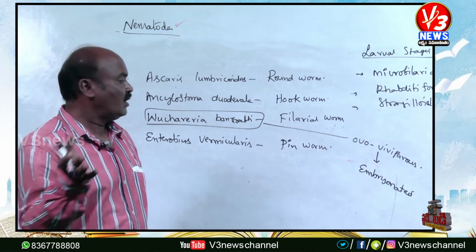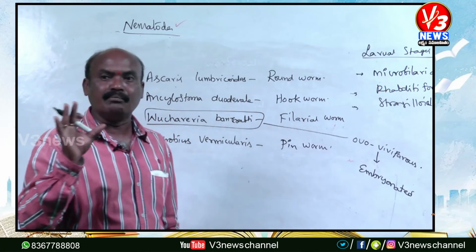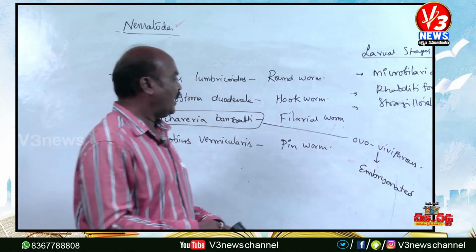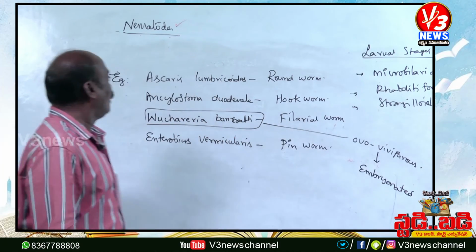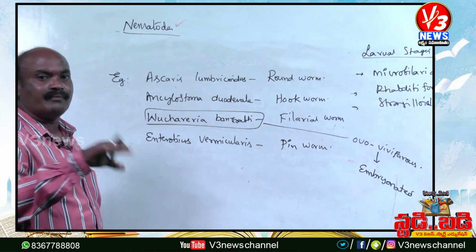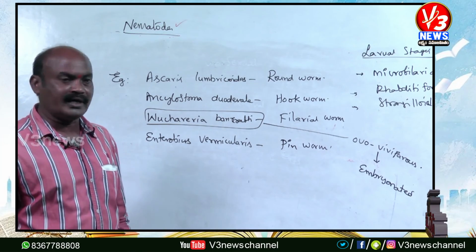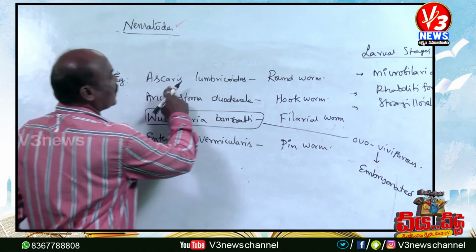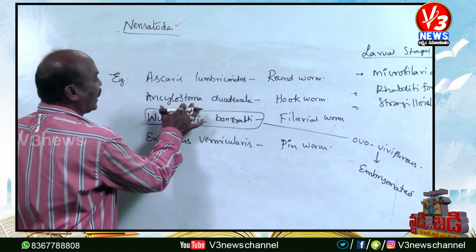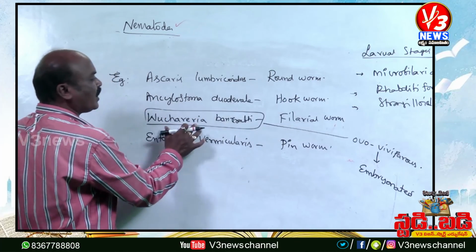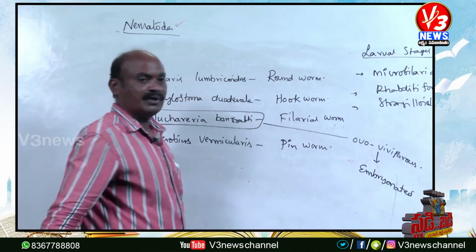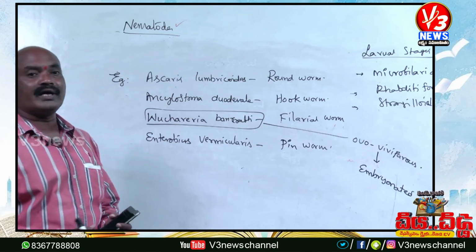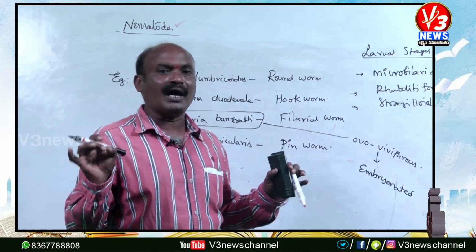The females release the embryonated eggs. Hence Wuchereria is ovoviviparous. Then there are 4 moultings in their life history. Then examples: Ascaris is commonly called roundworm, Ancylostoma is a hookworm, Wuchereria is a filarial worm, and Enterobius is a pinworm. Yes, next we are going to take the phylum Annelida.